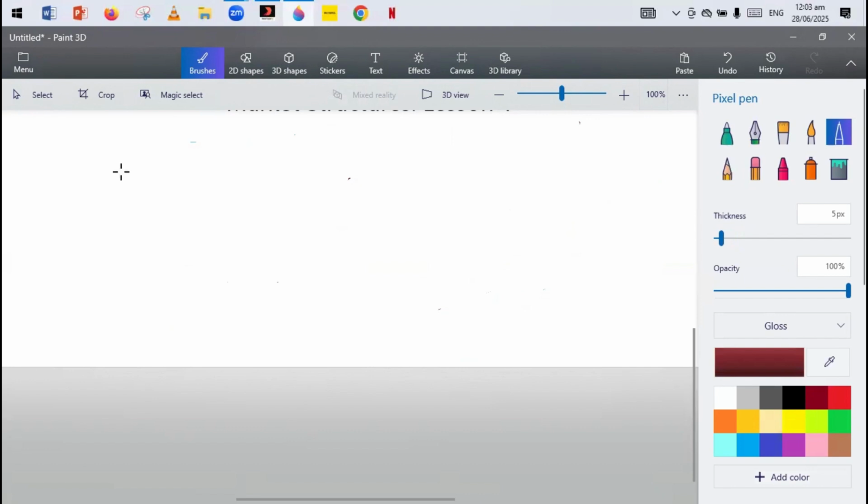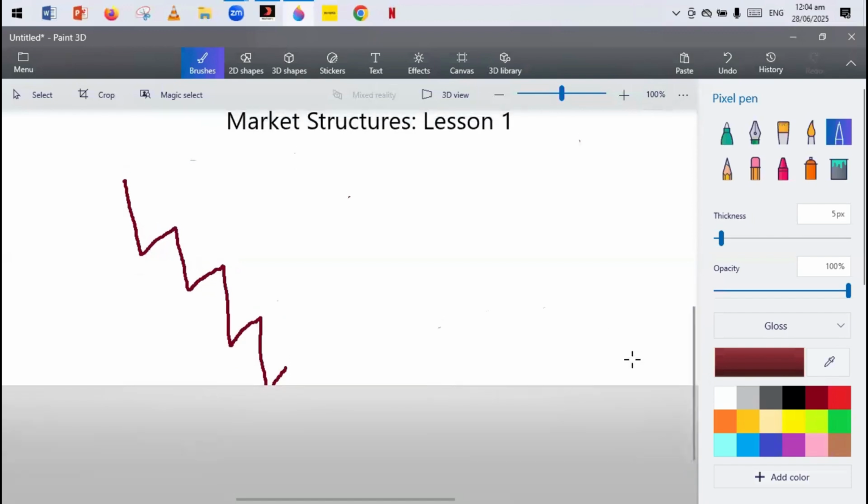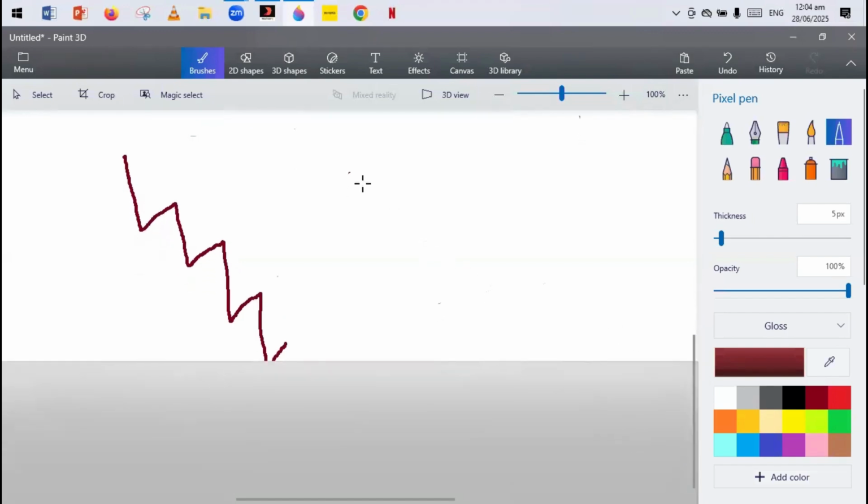So in a downtrend, in this market, we only place sells because the price is trending downwards. So in this market, you are only supposed to place sells.